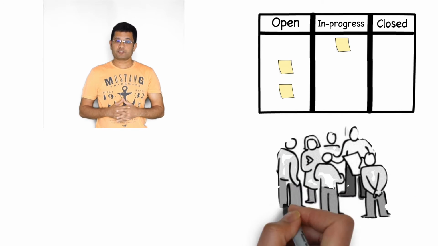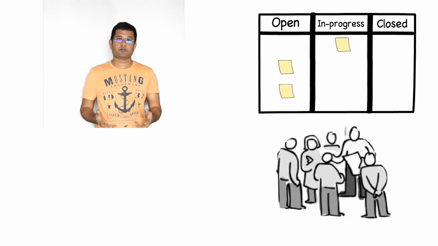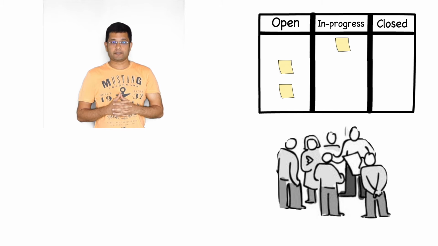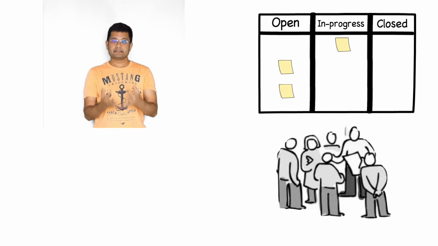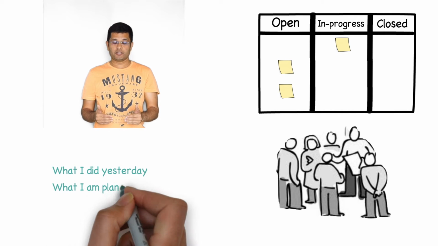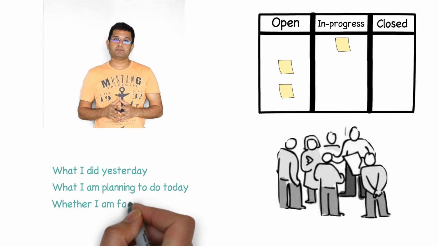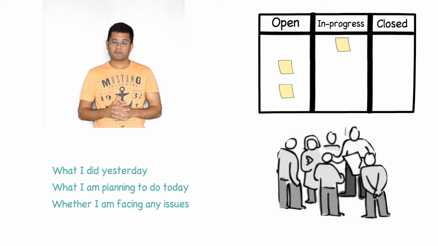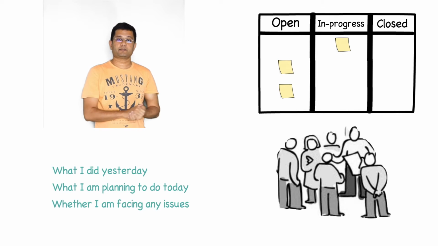The intention of this meeting is to apprise everyone on what I am doing and to know what other people are doing. So typically the format of the stand-up meeting is such that I tell people what I did yesterday, what I am planning to do today, and whether I am facing any blocks. We do not go into the details of trying to solve what the blocks are. That is taken separately in a separate discussion with the required people.